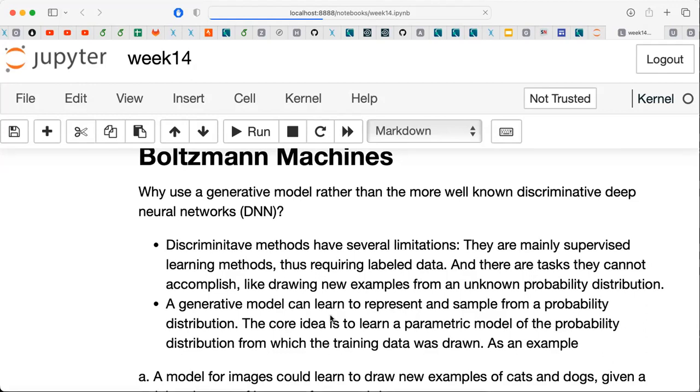Now, when you use Boltzmann machines in deep learning, these are a kind of basic starting points for what is called deep generative models. These Boltzmann machines are normally easy to train, but they involve the calculation of a partition function.